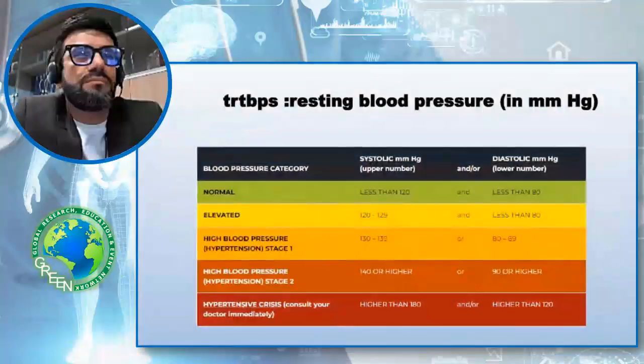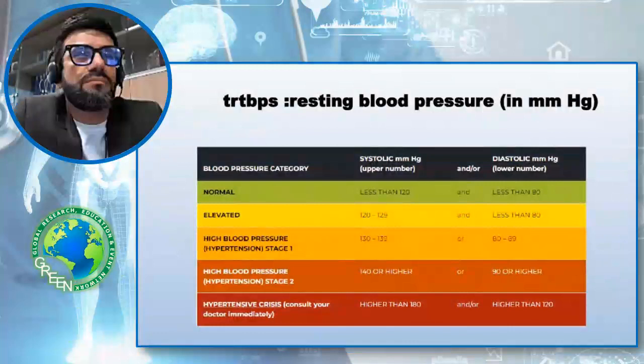The next attribute is TRTBPS. It's the resting blood pressure in mmHg. This parameter indicates the force exerted by circulating blood on the walls of the arteries when the heart is at rest between beats. Resting blood pressure is a critical indicator of cardiovascular health, with normal values typically around 120 over 80 mmHg.